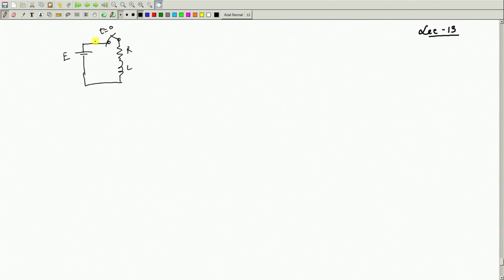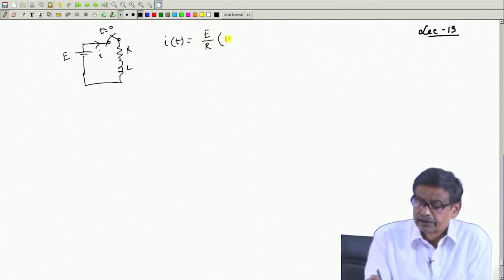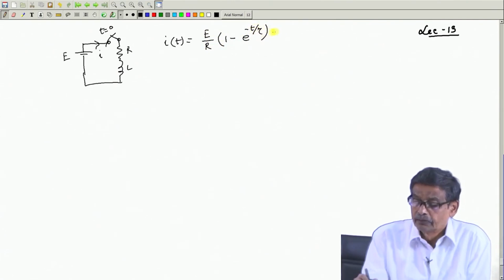Then what happens? The equation of this current is very popular and one should remember it. The final current will be DC current, and it is like this: 1 minus e to the power minus t by tau.